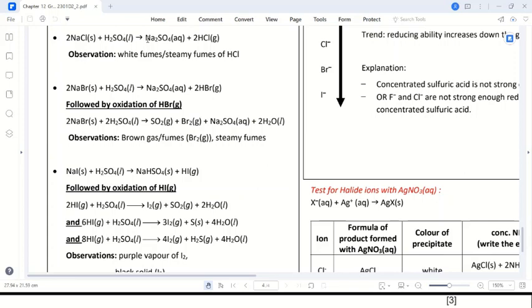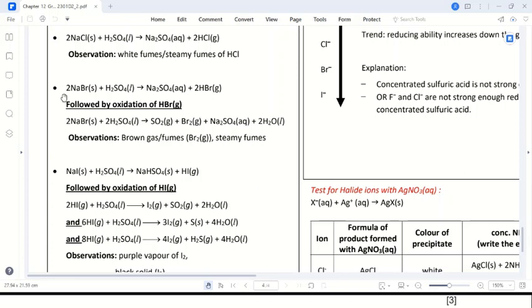Okay, Bronsted-Lowry acid definition: acid is a proton donor. So H2SO4 donated protons to NaCl, and then the chloride ions accepted the proton. So the chloride ion here is the base. So this is an acid-base reaction from the definition of Bronsted.